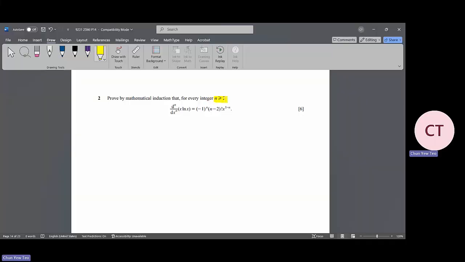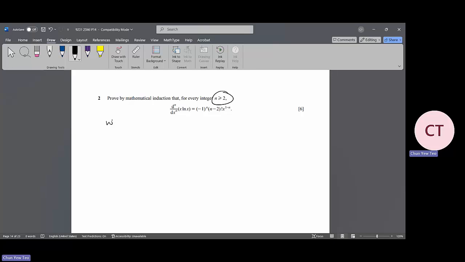Use mathematical induction to show that for every integer n greater than or equal to 2, this derivative relationship is true. We start from n equal to 2 because the minimum value of n is 2.